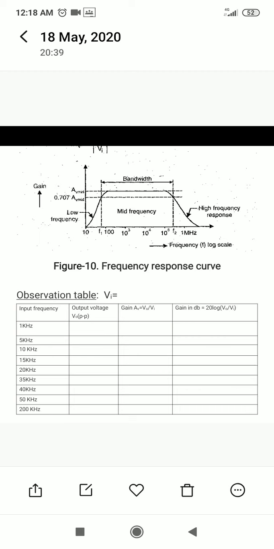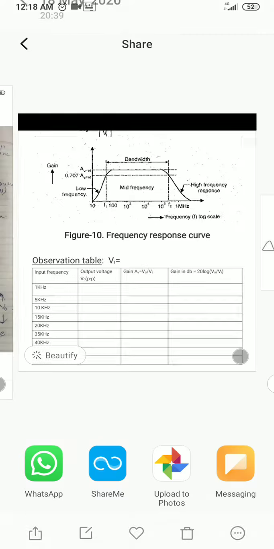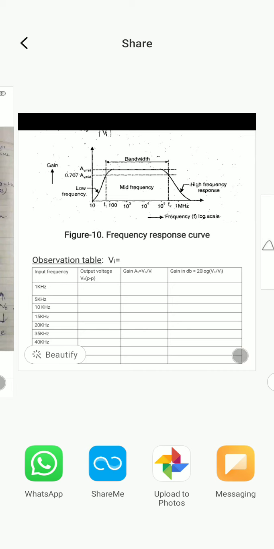So Vi will be constant and we will vary the input frequency and take the output voltage. From the output voltage and input frequency we will calculate the gain AV.